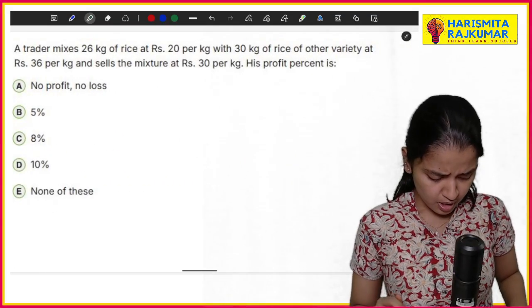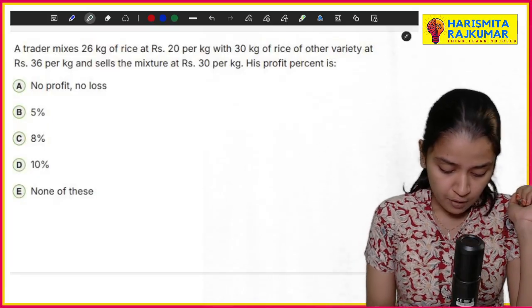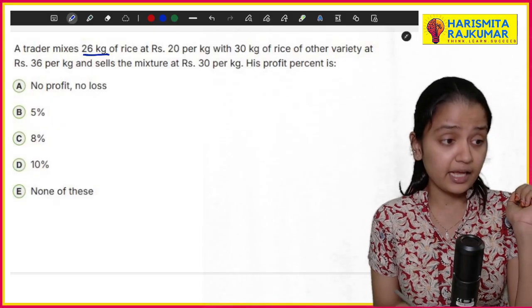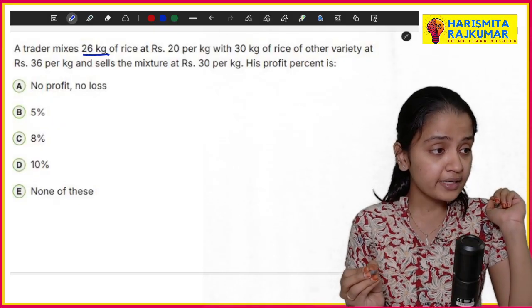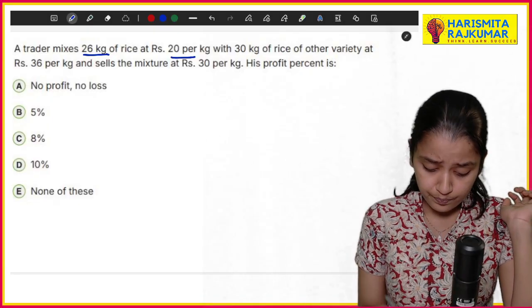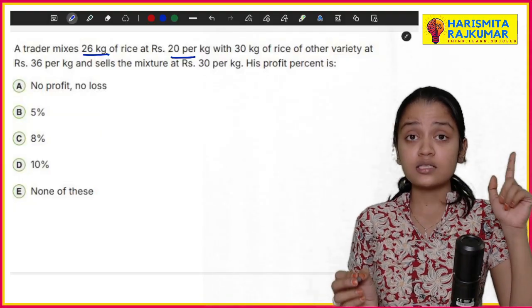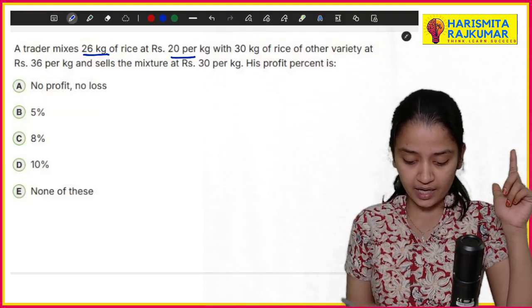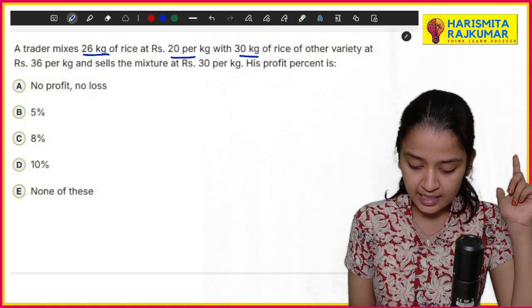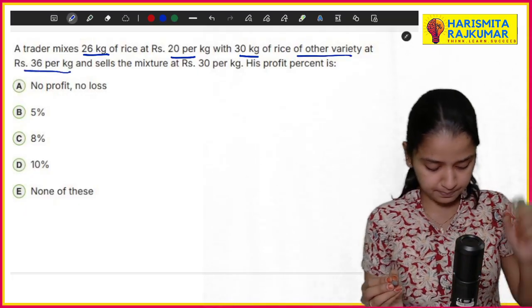Next question: a trader mixes 26 kg of rice at rupees 20 per kg, and 30 kg of rice of another variety at 36 per kg.